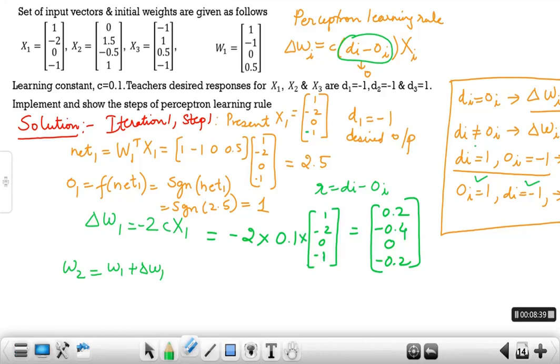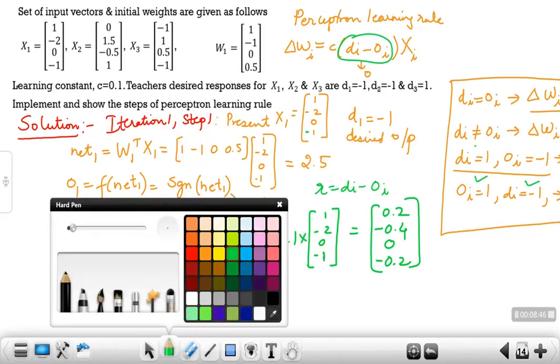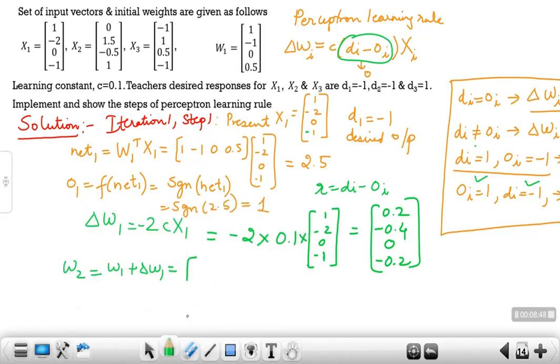So what will be this value? It is minus 0.2, 0.4, 0, and, please note, this is minus 0.2. This is the equation of delta W1. So we can find out what W2 is.